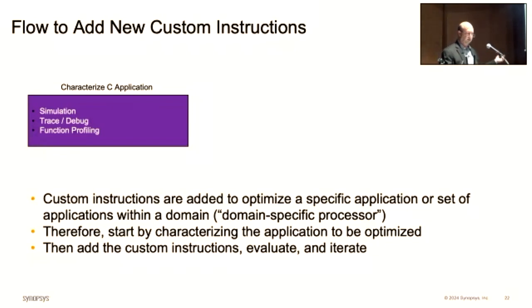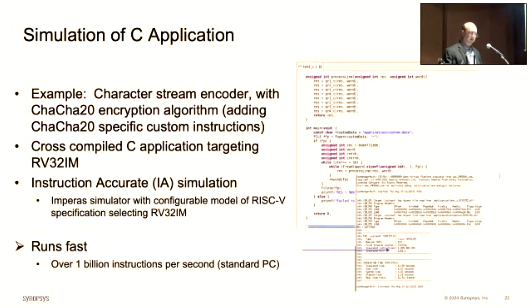We're going to do the simulation, use some of the tools like trace and debug and the function profiling. Now, these are instruction-accurate C models, so we do not have timing information necessarily in them.